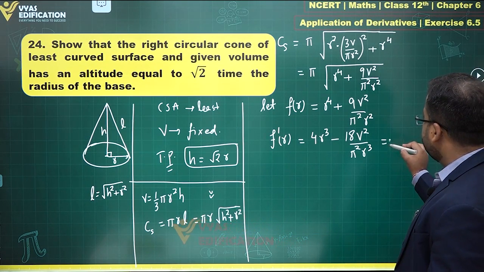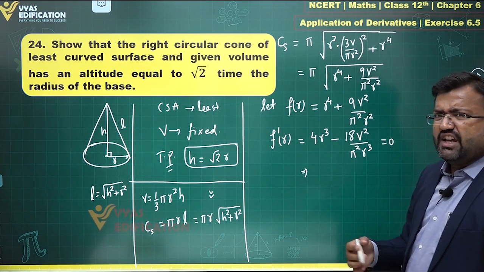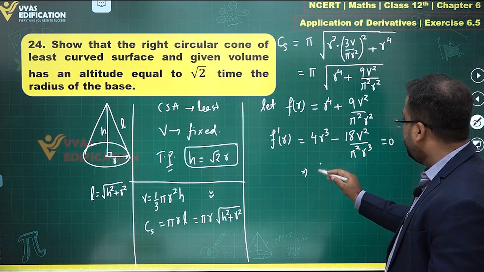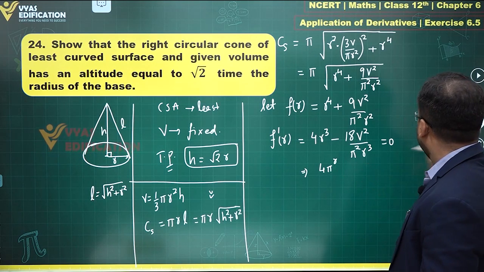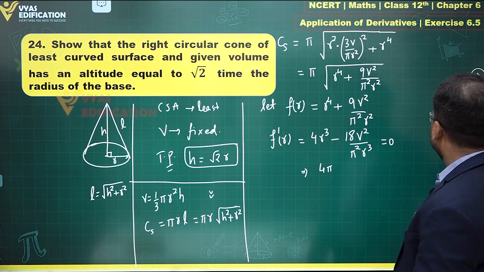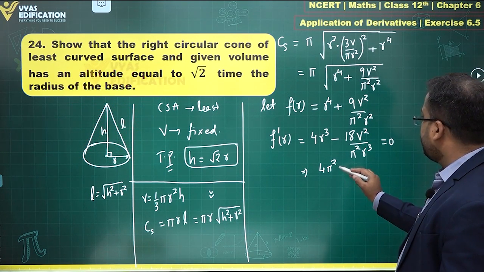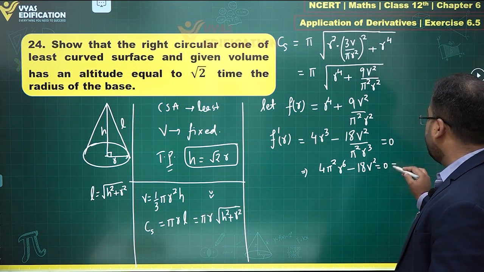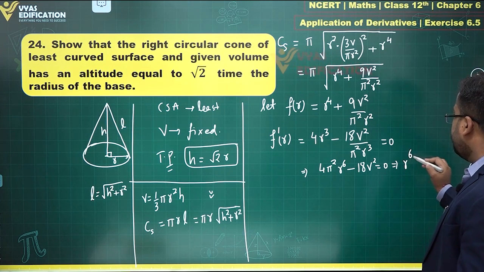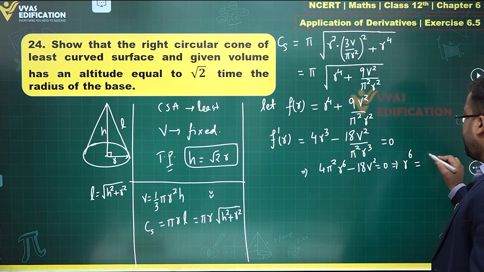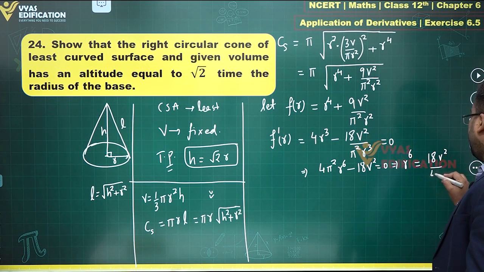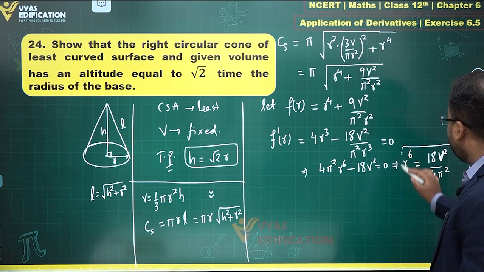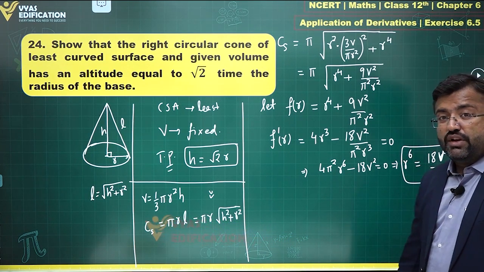Equating this to 0 will give r power 3 equals something. This will tell me 4 pi square r power 6 minus 18V square is equal to 0, which tells me r power 6 is equal to 18V square upon 4 pi square. This is it. This is r power 6, mind you, and this is only a critical point.